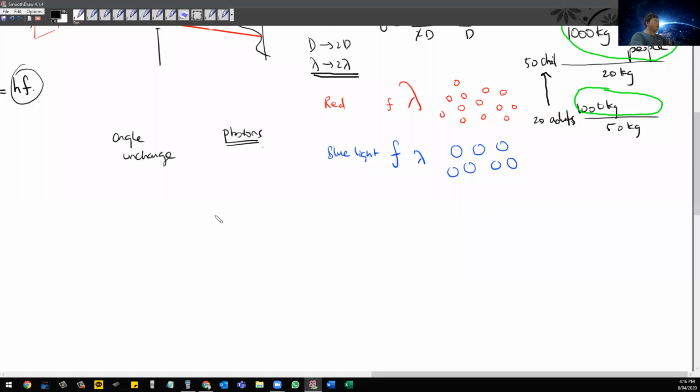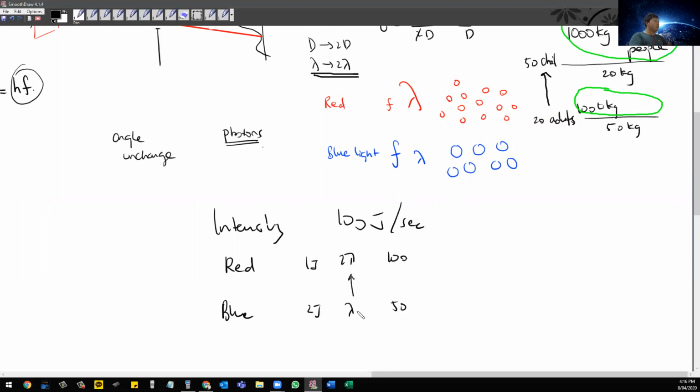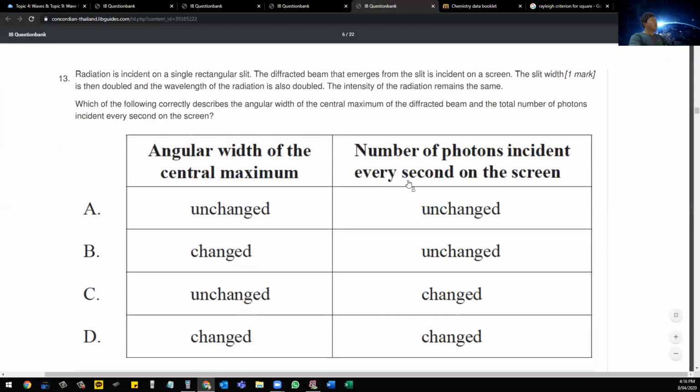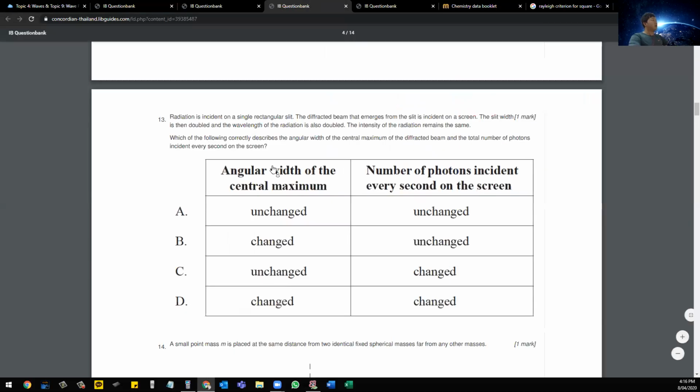For example, let's say the intensity is 100 joules per second, and red light photons are worth 1 joule, and blue light photons are worth 2 joules. Then you have 100 photons for red, and here you have 50 photons for blue. If your wavelength is doubled, it's as if you're going from blue to red, so the number of photons has increased from 50 to 100. That's what it's talking about. So that's a difficult one to understand.